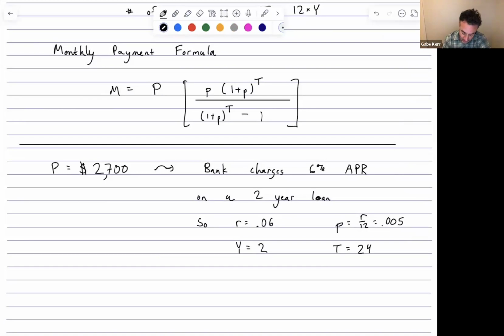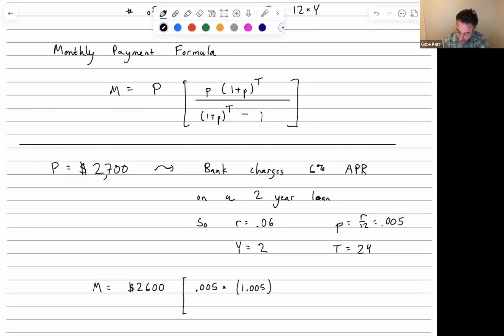So now I need to calculate, and I'll just write down the numbers in the equation. So my principal is 2,600. My P is 0.005. My 1 plus P is 1.005.